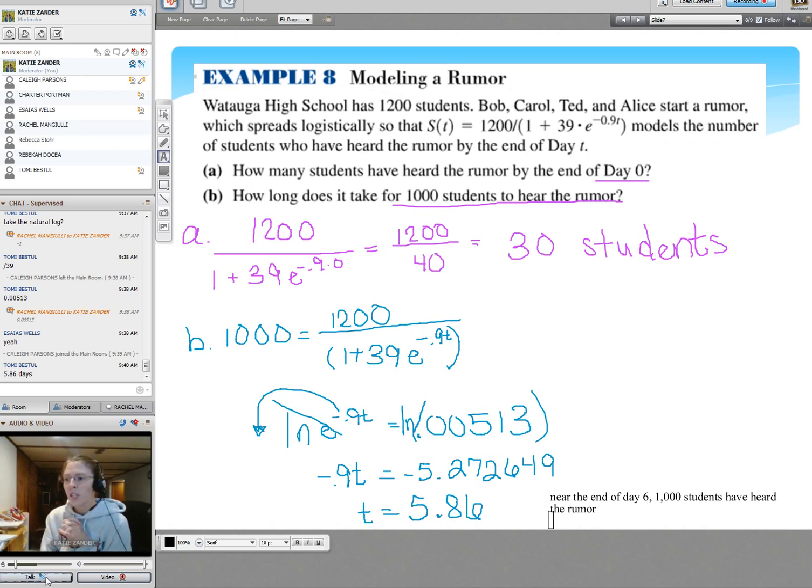Great. Questions with that at all? So really good just to kind of review our algebra skills there on how we can isolate the variable if it's up in an exponent. We will practice with that as we move forward in the unit as well.